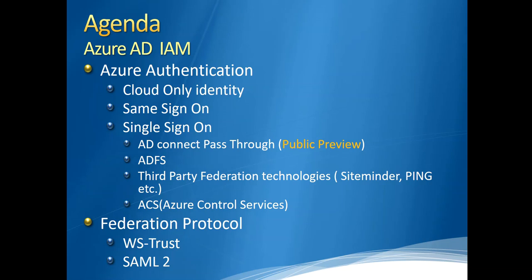So any authentication that is going to happen will come back to on-prem. Whereas in case of same sign-on, the authentication will be handled in the cloud by Azure AD itself. It will not come to on-prem. Okay, so Azure AD will contain the password if you sync it in same sign-on? Yes. Okay, correct. Thank you.